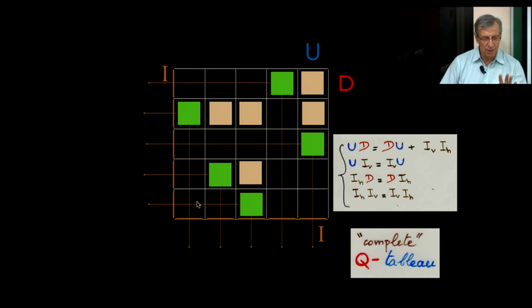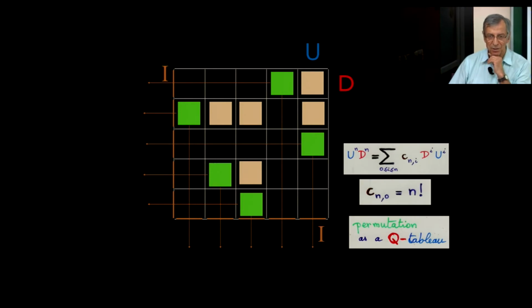There are 5 labels on my cells, which correspond to the 5 possibilities of rewriting rule. And I call this a complete Q-tableau. All these labels on the squares remember which rewriting you have done, which planarization of rewriting, and this tableau contributes to the total sum in the normal ordering.